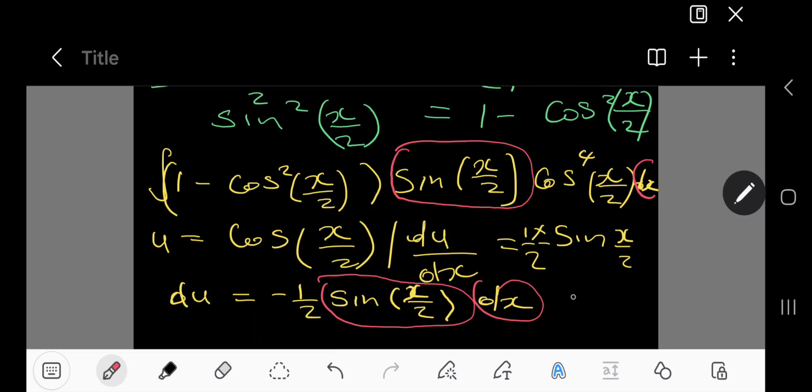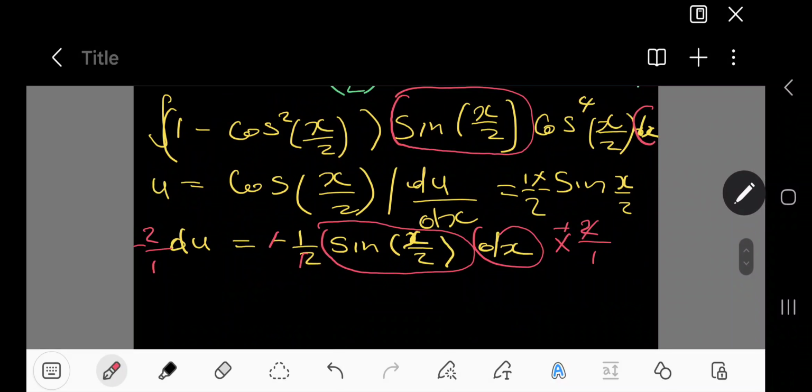That means to get rid of this 1 over 2, we must multiply by 2 over 1, 2 over 1, minus, minus, so the sign goes away, that 2 goes away. So now we would substitute sine x over 2 dx with minus 2 du.